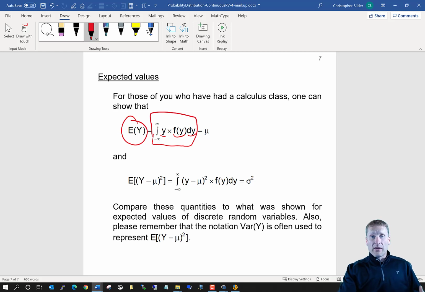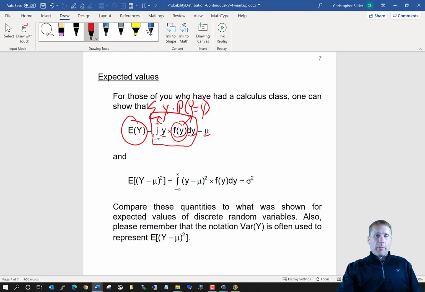Again, don't worry about the integration in our particular class. But instead, if you haven't seen calculus, or even if you have seen calculus, you can see how this equates to what we had with discrete random variables, where we would take the sum of y times the probability that large Y is equal to little y. That integral acts as the sum. The f of y acts as the probability of a random variable y is equal to some value.